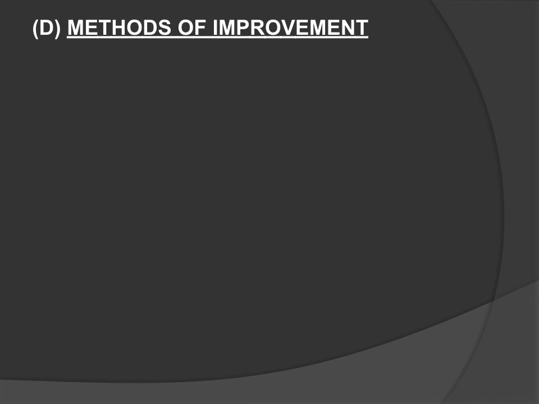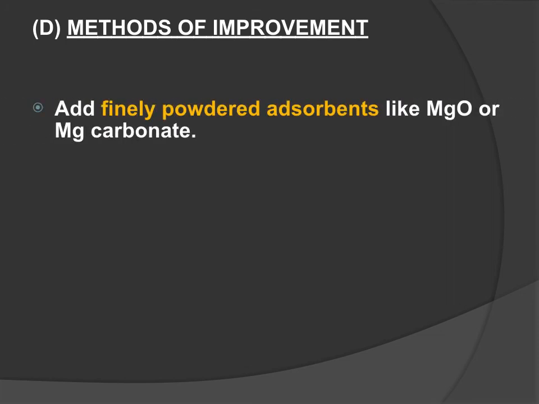So how do we protect the powder or the suppository base from hygroscopicity? We can add some type of adsorbent, like magnesium oxide or magnesium carbonate.